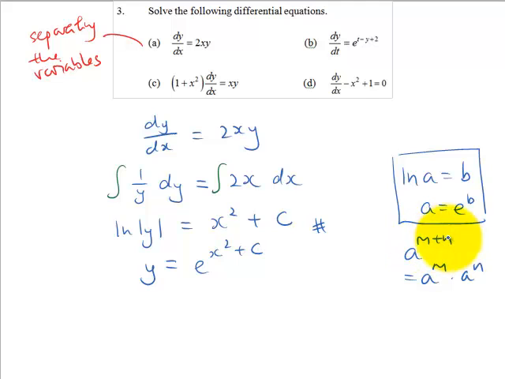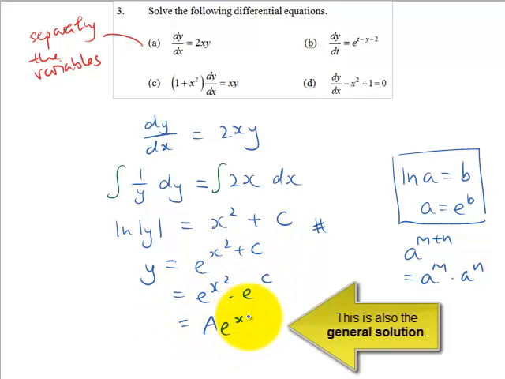So addition in the indices becomes a product. So let me break this up into a product. What we have here is the exponential function of a constant. Since this is a constant itself, this e to the power of c is just another big constant, so I'm going to call this A. So that's the answer.